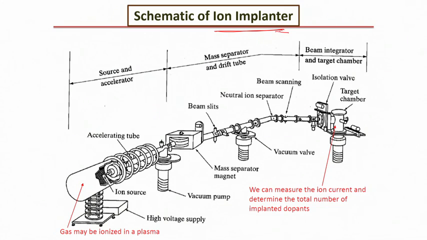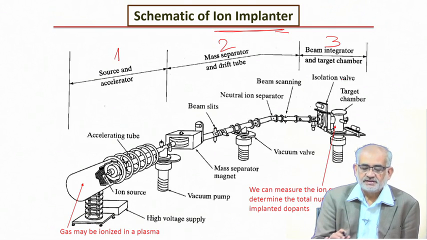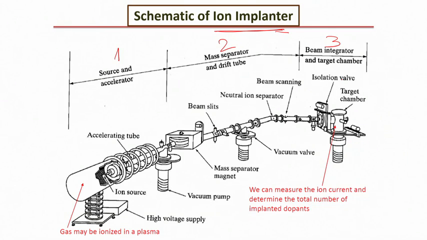It has three main parts: the source and the accelerator part, the mass separator and the drift tube part, and the beam integrator, beam manipulator, and the target, the third part. So here we produce and extract ions, here we direct the ions, and finally here we implant the ions. So this is typically a directed energy beam process.